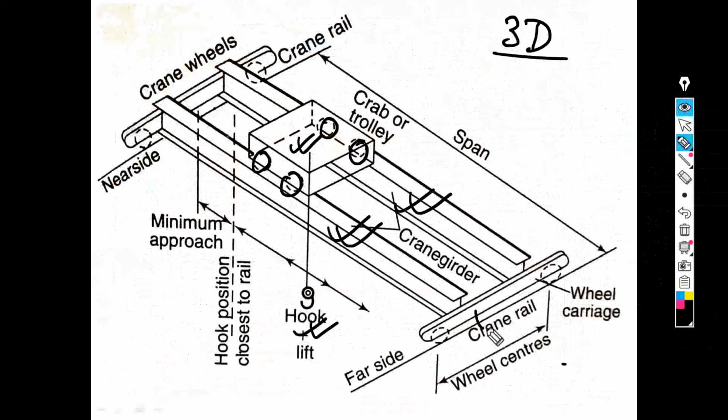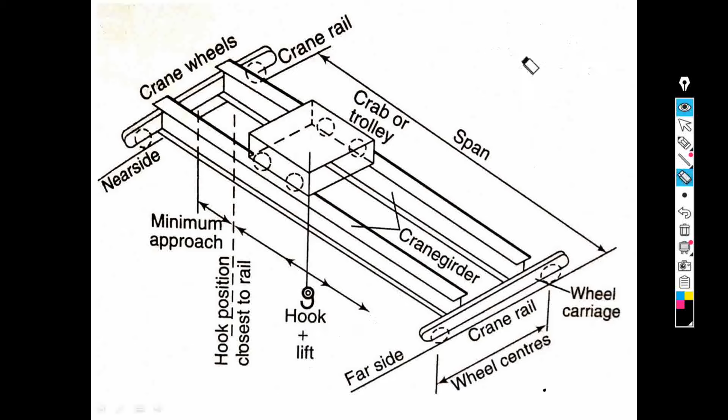The crane girder has crane rails on both sides, and the crane rails are supported on gantry girders, which we are not able to see in this diagram because of lack of space. But the crane rails on both sides are supported on gantry girders. I would recommend that you please draw all the diagrams, one after the other, so that you have no problem visualizing it and you become comfortable.